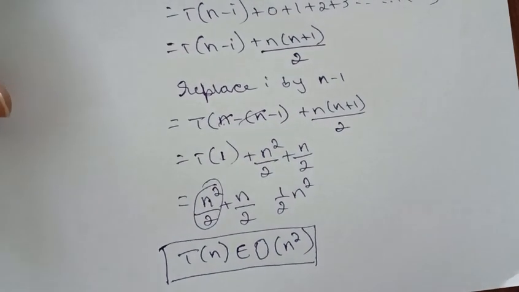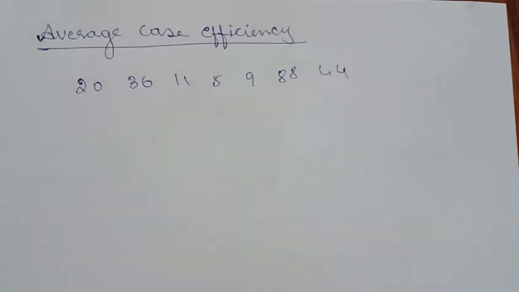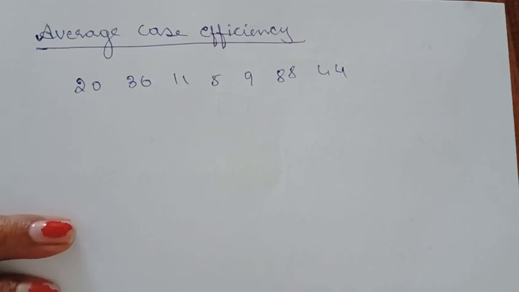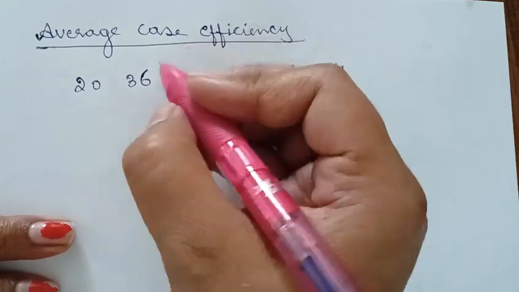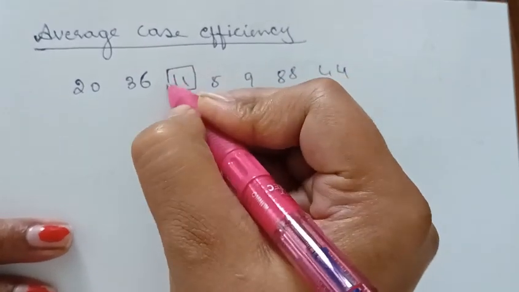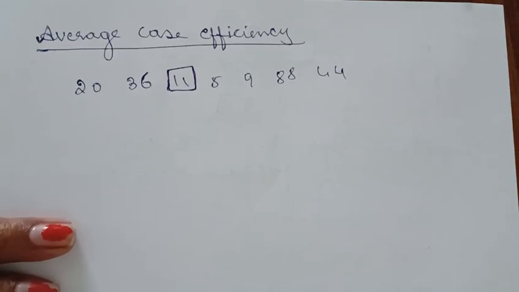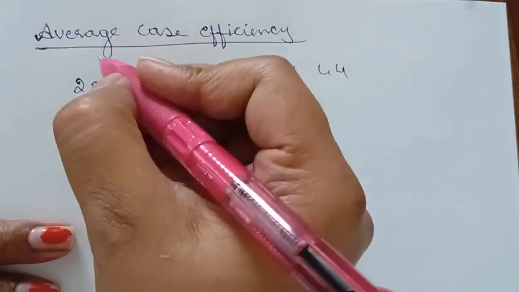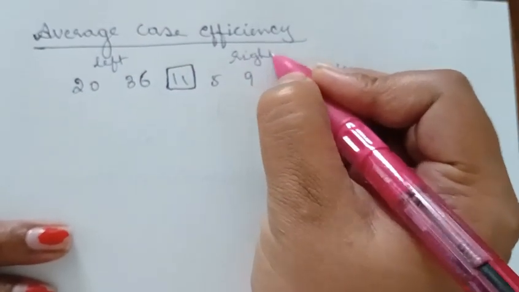Now we'll see the average case efficiency of quicksort. In average case efficiency, for example, I have these many elements. If the pivot element divides the array over here, this is the pivot element, this is the left part of the array, this is the right part of the array.